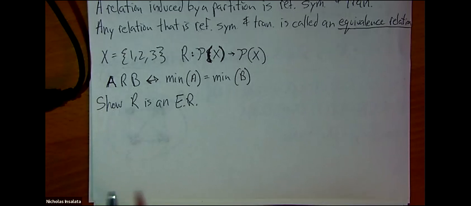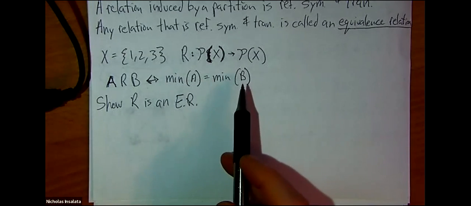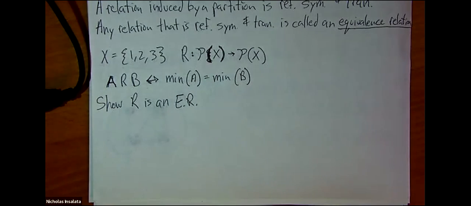If you're taking the minimum of A and then wondering about the minimum of A, are those equal? Sure, of course they are. The minimum of a set equals the minimum of that same set. Okay, how about symmetric?